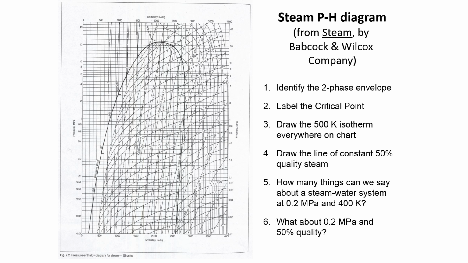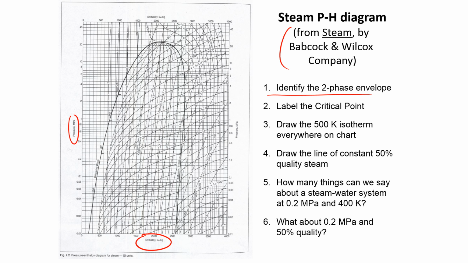Okay, so steam. Now this is a pressure enthalpy diagram. This particular one comes from Babcock and Wilcox Company. This is for water. This one might be important for, for example, the turbines that are driven by steam. So what we want to do is identify a couple things in this.